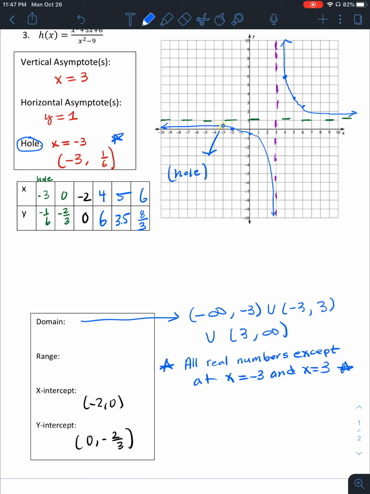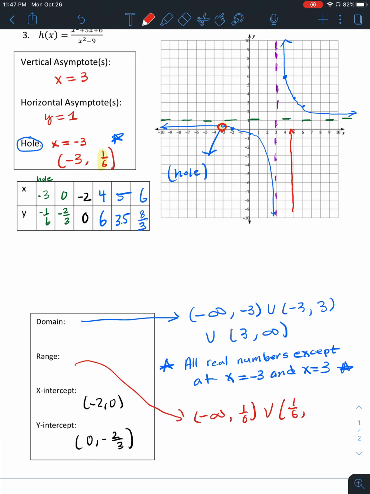And then for your range, it's the same thing, except this time you're looking at your y values. You start at the bottom at negative infinity, and you go up, and you should notice that you run into a problem at the y value of the hole, which we found to be 1/6. So we need to exclude 1/6.